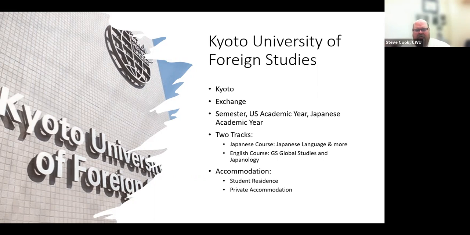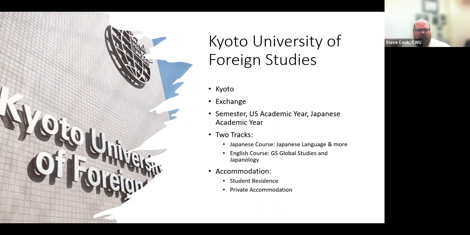In terms of language proficiency for the English course, there's no minimum Japanese language proficiency. Students aren't expected to know any Japanese to participate. That is not an appropriate track for students who want to study Japanese language. There's not an option to do that, really. The Japanese course, the minimum Japanese requirements are fairly basic.